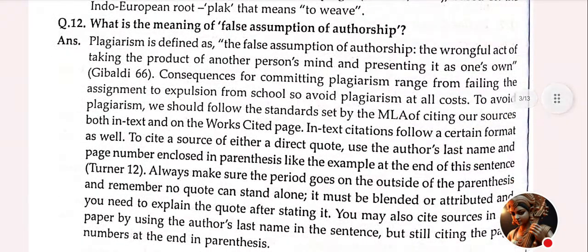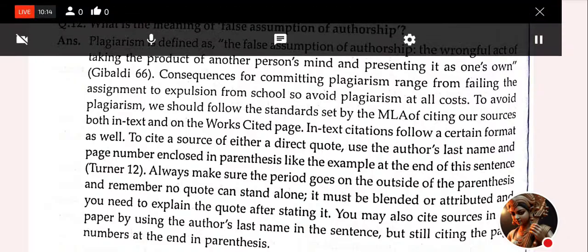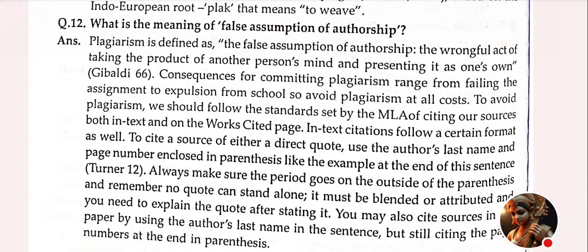What is the meaning of false assumption of authorship? Plagiarism is defined as the false assumption of authorship.